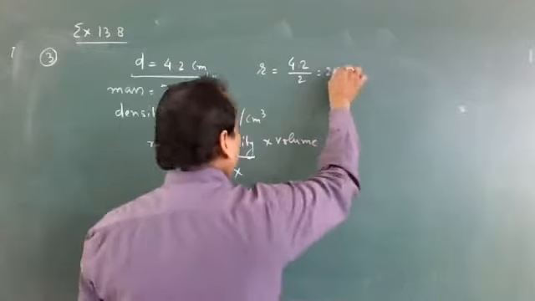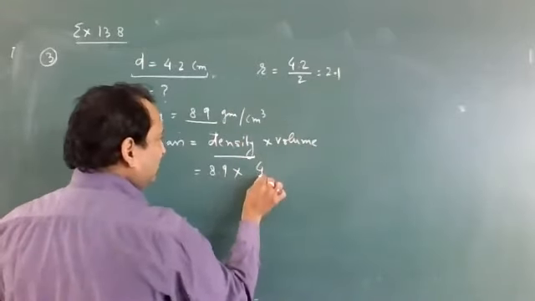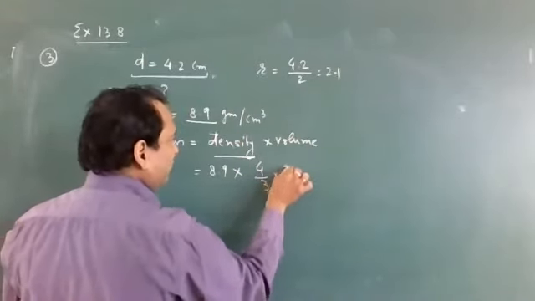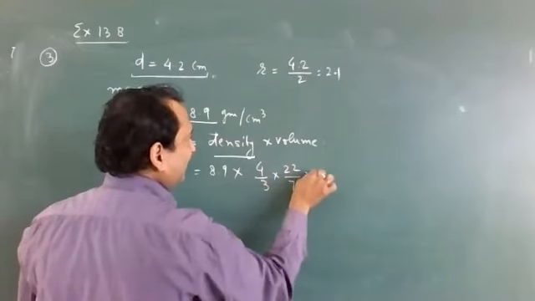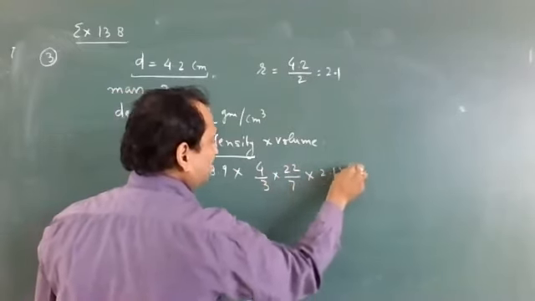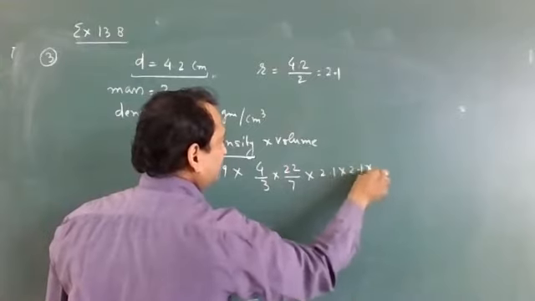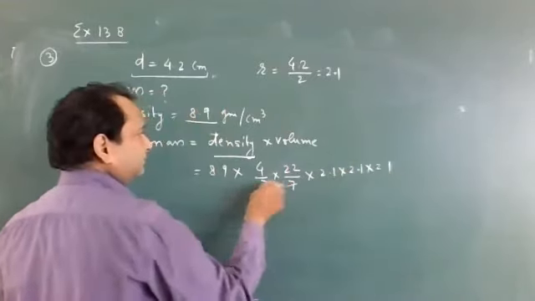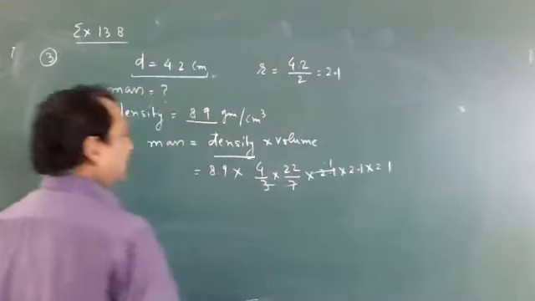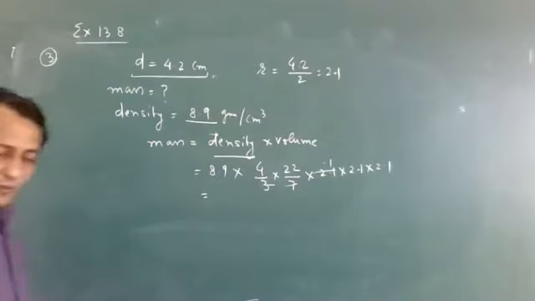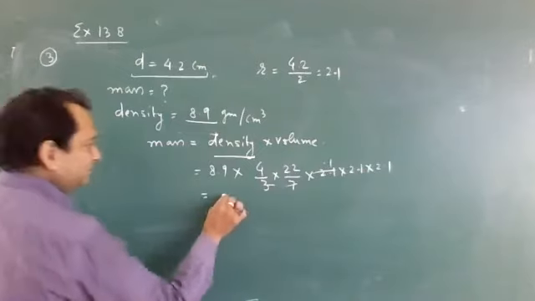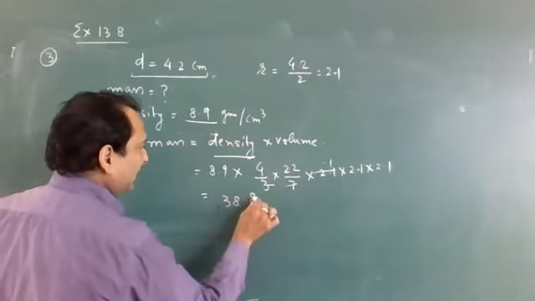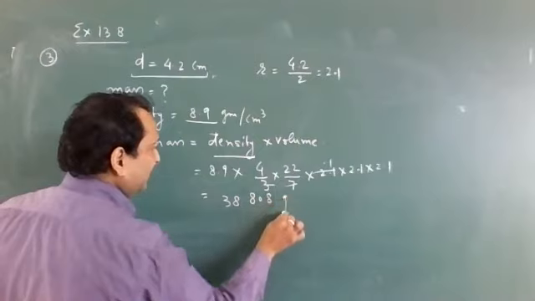Then the volume is 4 by 3, value of pi 22 by 7 into radius cube. If we multiply all these, we get the volume.